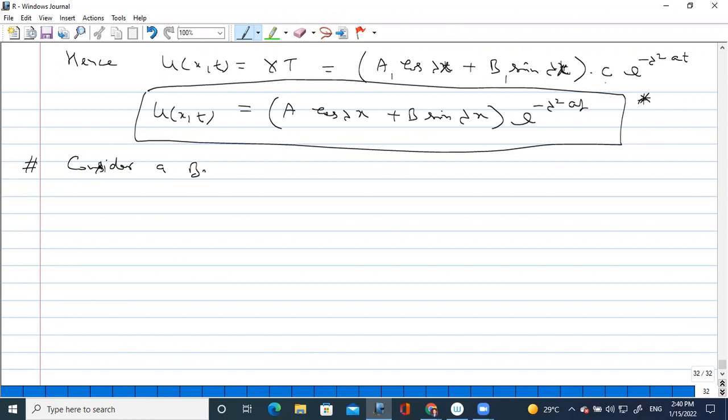Consider a bar whose ends are kept at 0 degree centigrade. Okay, so actually this will give me the boundary conditions. You can check it here.